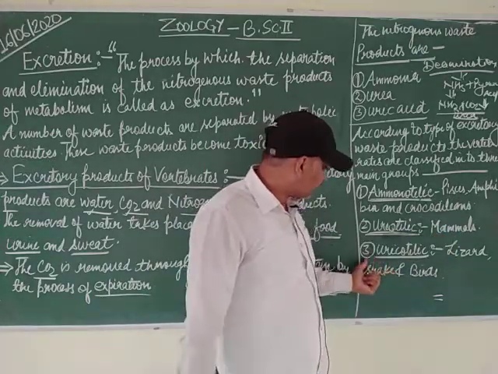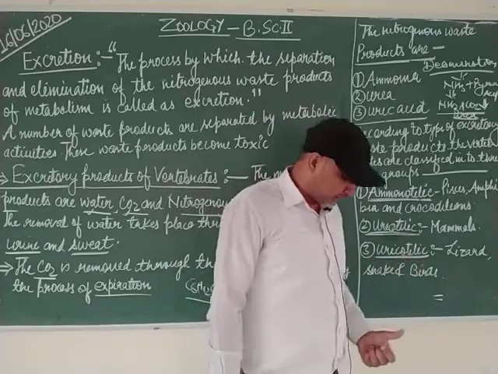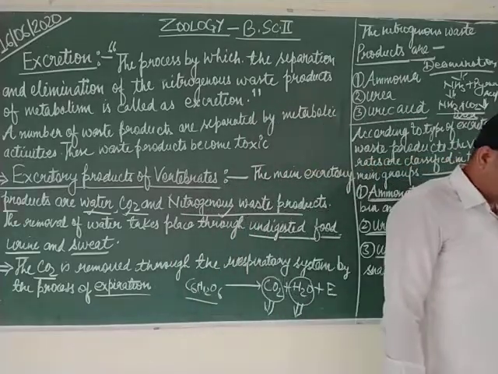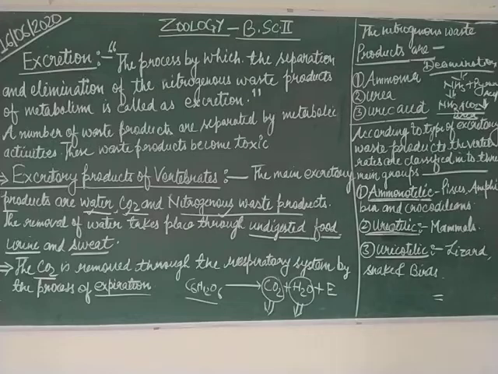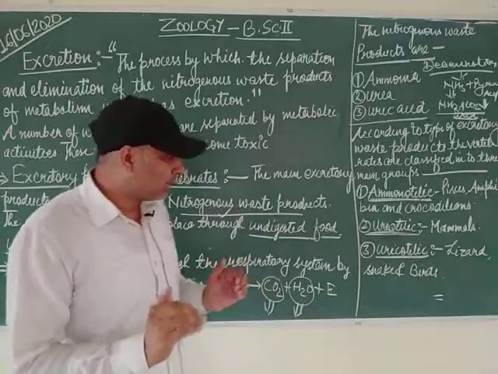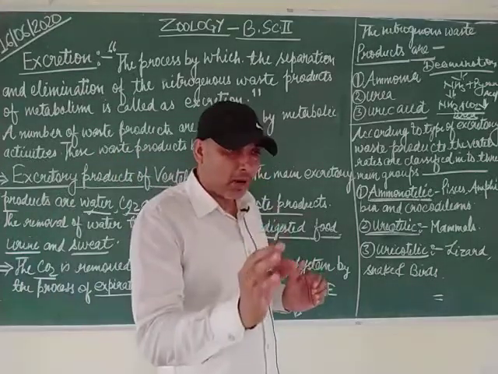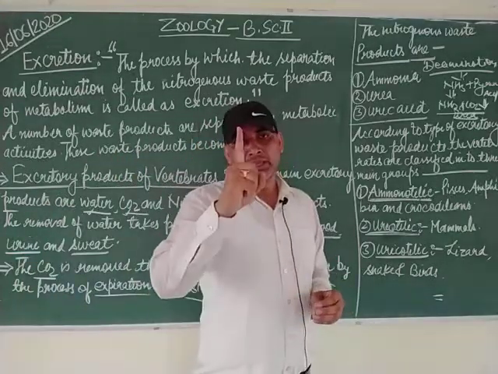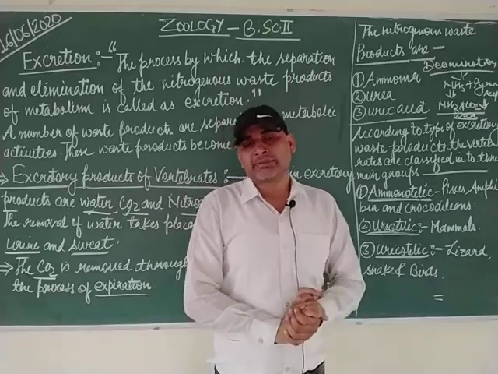But in the third category, uricotelic animals, are those animals which remove waste material from the body in the form of uric acid. Uric acid is the least toxic substance.